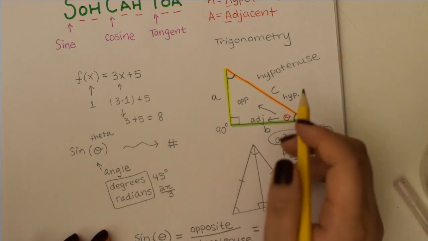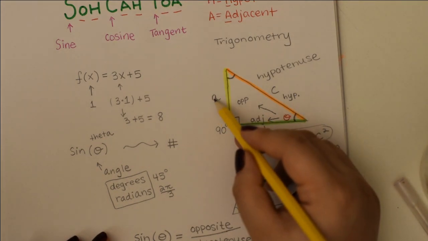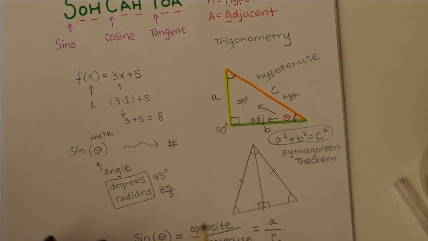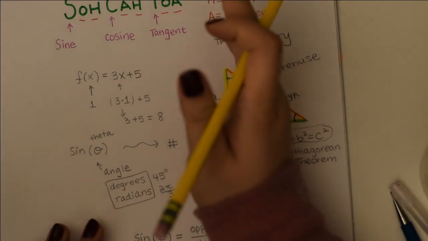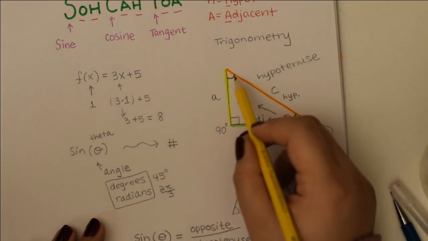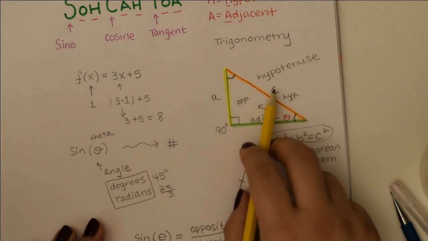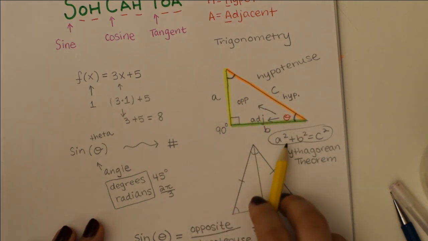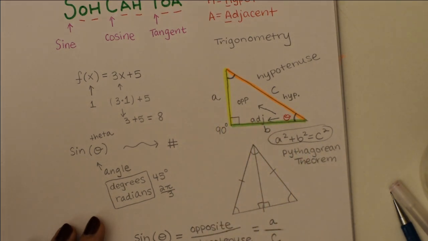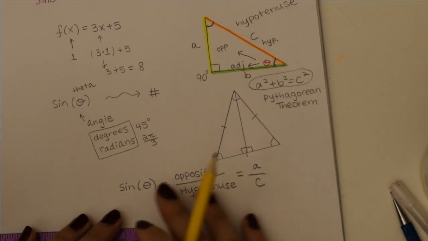You'll either be given this, or you might apply this in physics problems or something, but you will be able to figure out two sides that are perpendicular. Now you might not be given the hypotenuse, but you can calculate it, remember, using the Pythagorean theorem. But in either case, you know that this ratio is true.